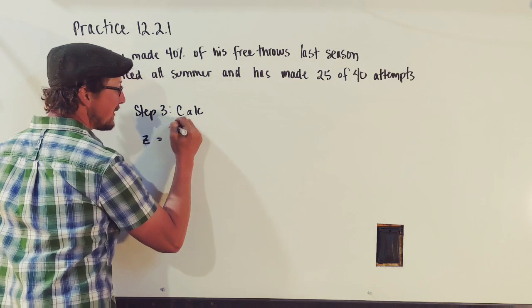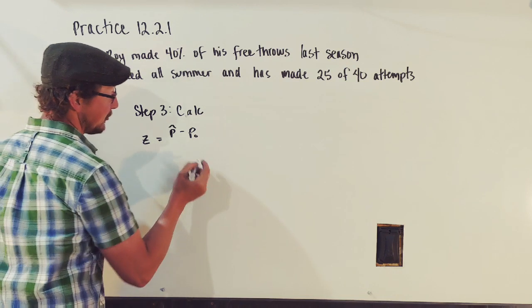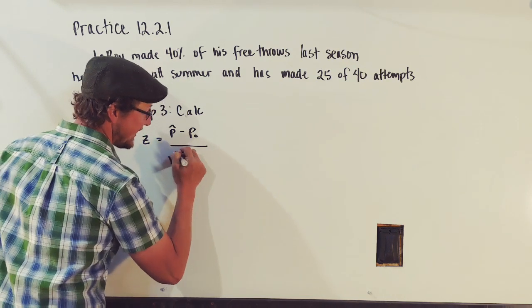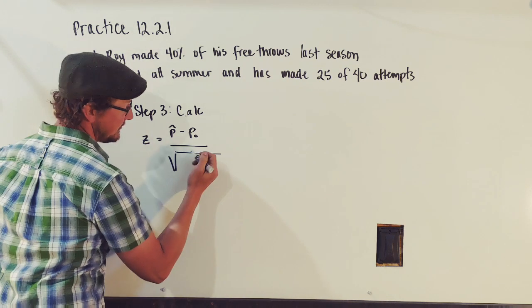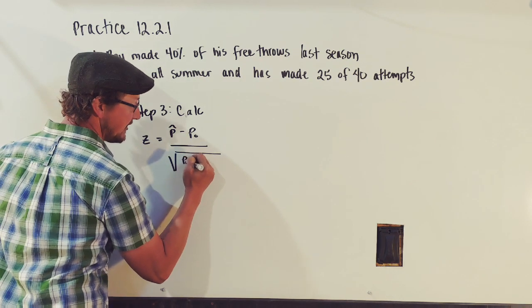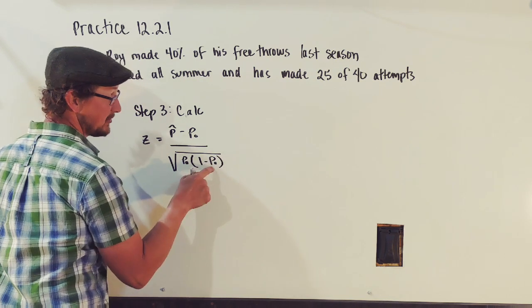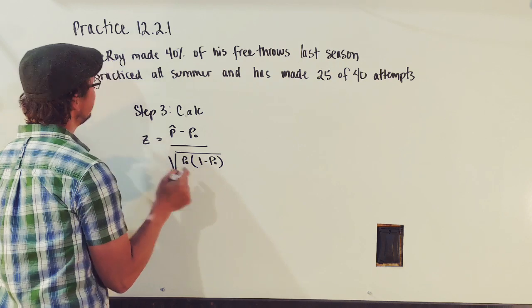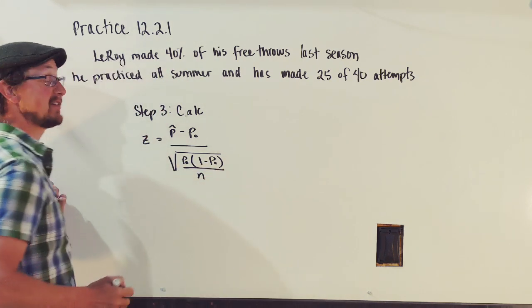Z is equal to my sample proportion minus my hypothesized proportion divided by the standard deviation of my estimate. The standard deviation of my estimate means the square root of P sub naught times 1 minus P sub naught. Again, these are my hypothesized values, this 0.4, the 40%, over my sample size.